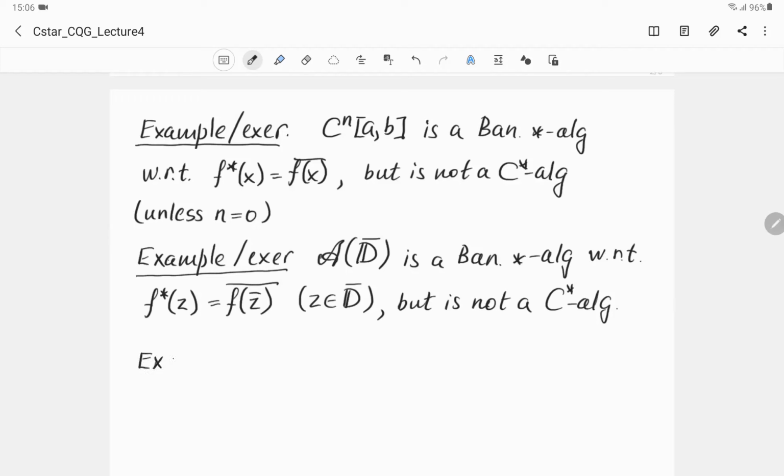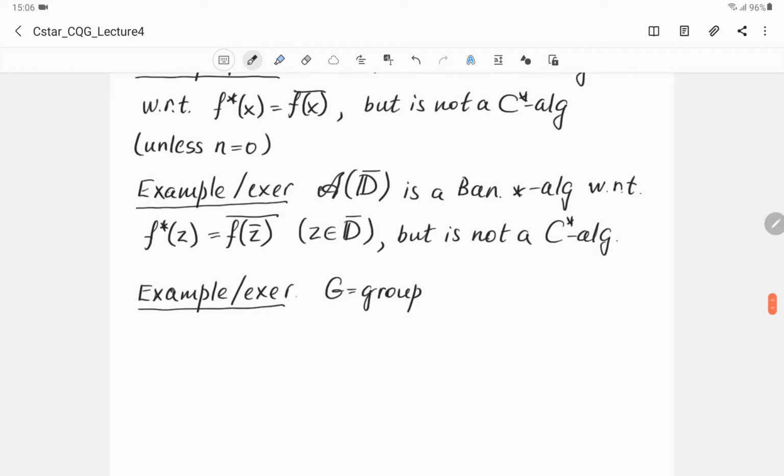And another important example, which is related to harmonic analysis. If G is a group, we can consider the group algebra little l1 of G. And we know that l1(G) is a Banach algebra with convolution product.